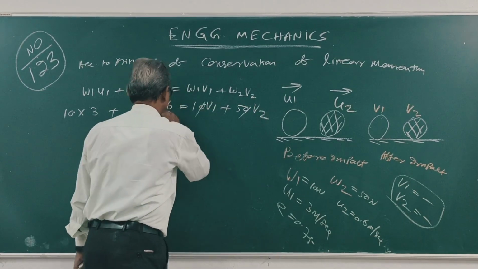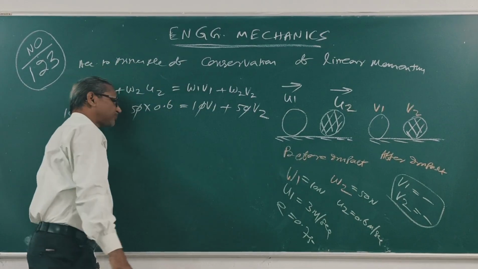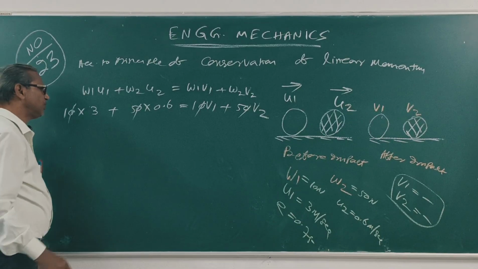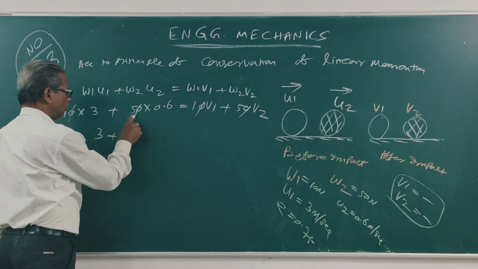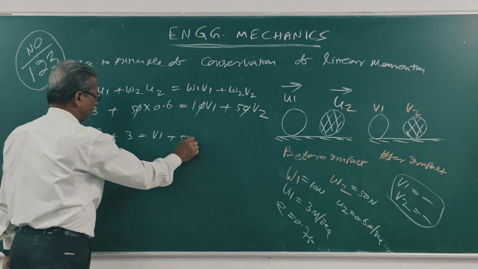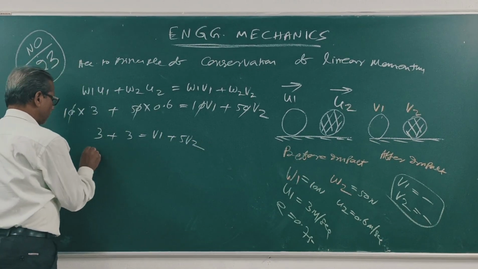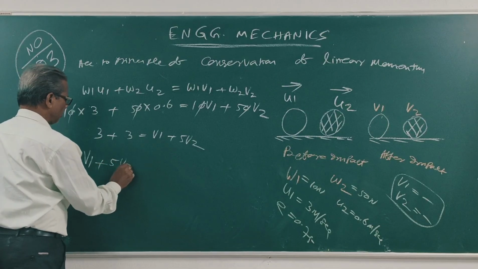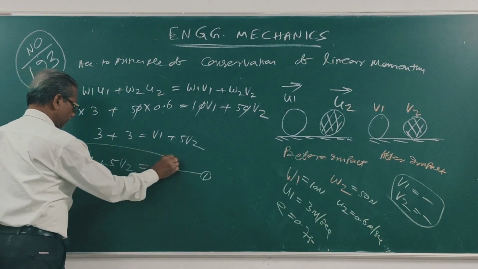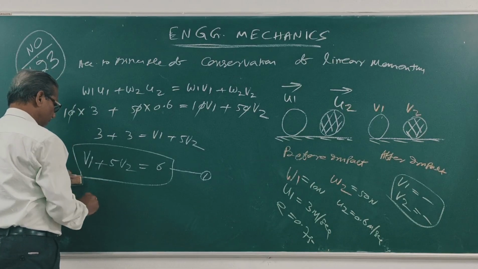So zeros cancel out, right? Now 3 plus 3 is equal to V1 plus 5 V2. So V1 plus 5 V2 is equal to 6. Equation 1.